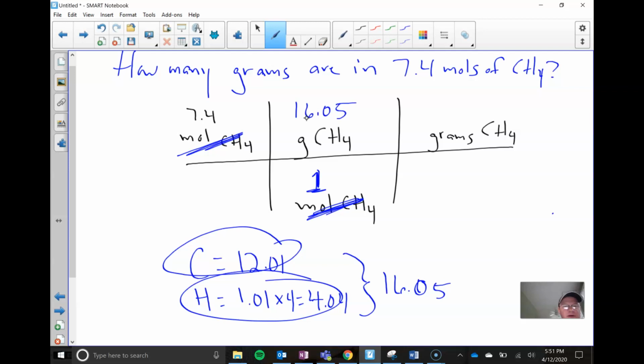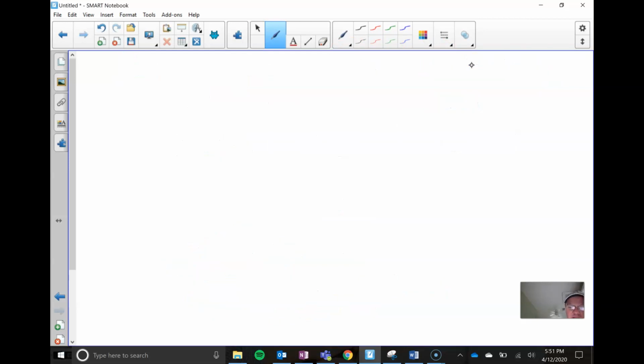I'm working on my iPad over here to the side. And I get 118.77 grams of methane. Okay. So this was a mole to mass conversion. Let's do one where we're going from mass to moles.